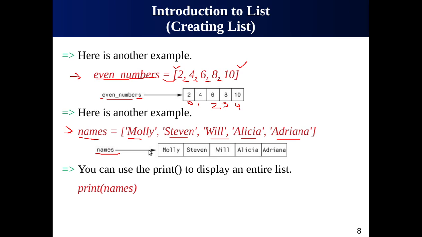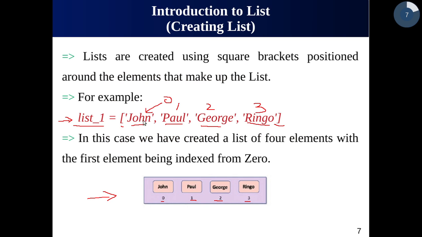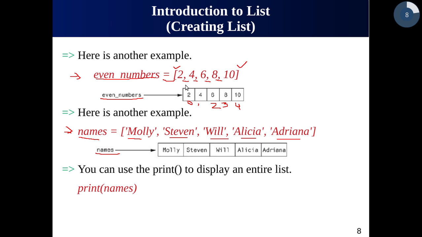So a list can hold items of the same data type, like in this case the data type is string, in this case the data type is integer, and again in this case the data type is string. However, that is not the only case. We can also use the list to hold different types of data.